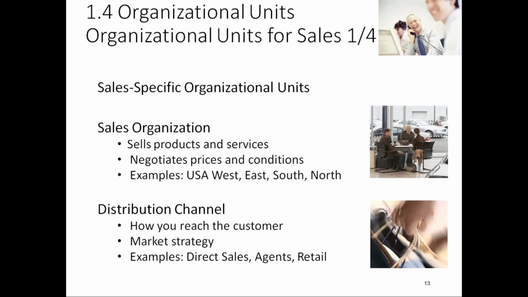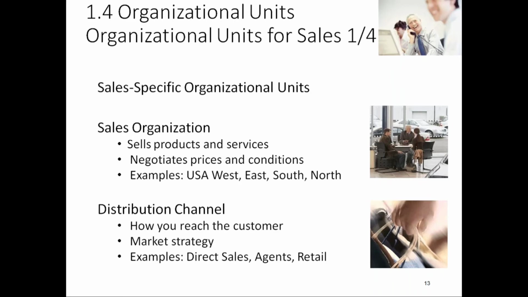So you can also sell your goods, your SIM cards or your mobile phones, through those channels. So the channel you use to reach the customer is called a distribution channel. You can sell directly, through distributors, through brokers, or there are multiple channels you can use to sell your goods. That is called your distribution channel.